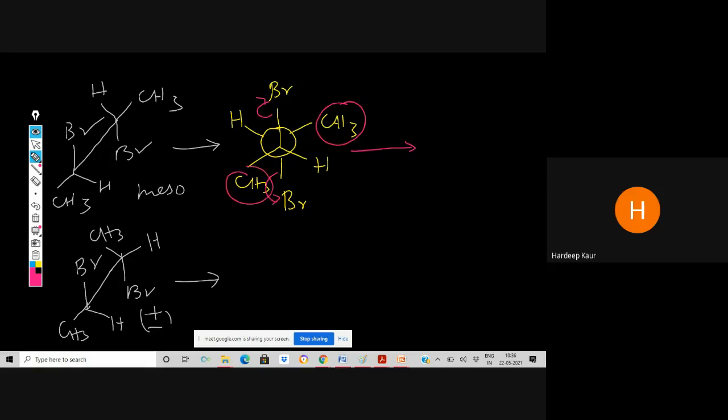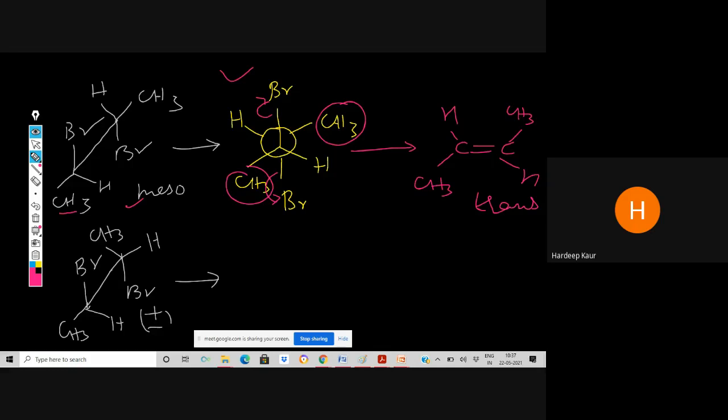Another format is also possible, where you take the methyl here and H here, as we did for the first one. Since that was the favorable structure, I wrote it directly. Okay, so this will give the product in which the alkene has two methyl groups trans to each other. So we will be getting a product with a trans conformation.